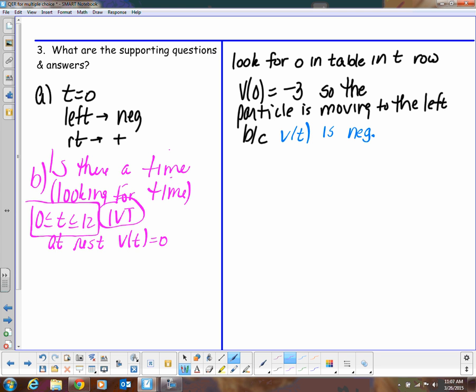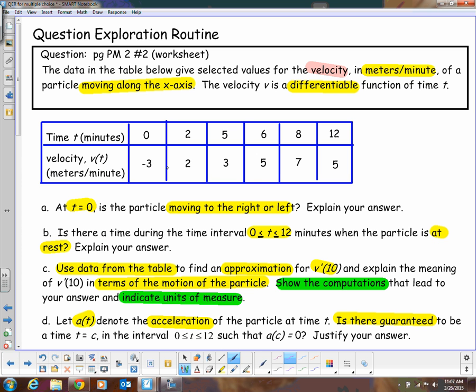So is there a time? Remember, they told us that it was differentiable, correct? Yes. All right, so how do you look at this table? If you look in the table, there's no 0. But look at this. What do you see here?